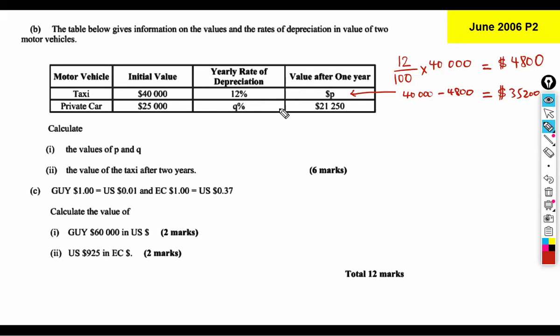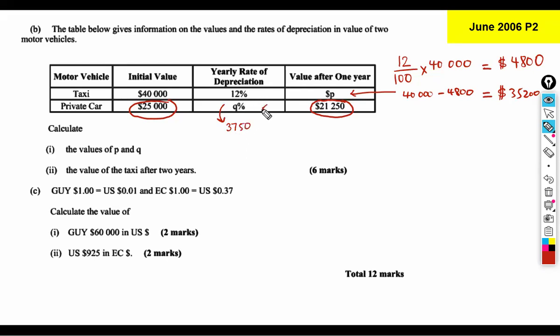For Q, right? How much did it, in terms of money, go down by? It was 25,000 and then it went down to what? To this. Well, I mean, it went down to 21,250. So that means it went down by $3,750.